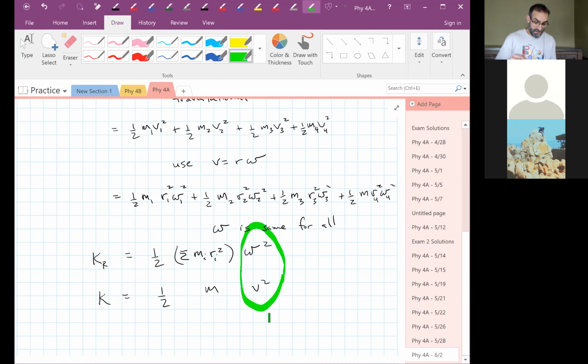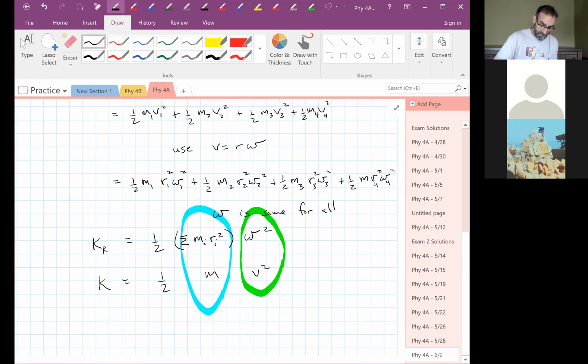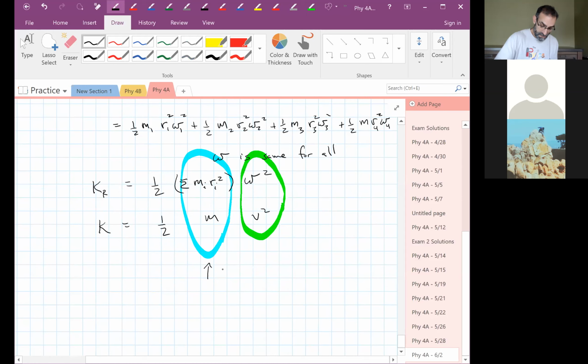And instead of m, our inertia that we've been using for translational motion, we need some kind of rotational inertia. We already showed that it was m r squared, but this is sort of a second way of showing it. This must be our rotational inertia. This is for point masses.